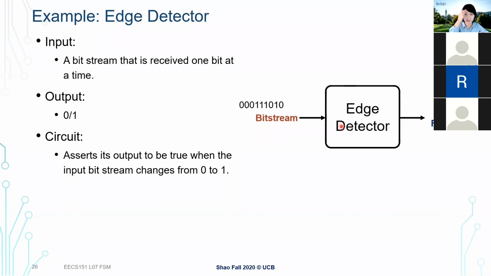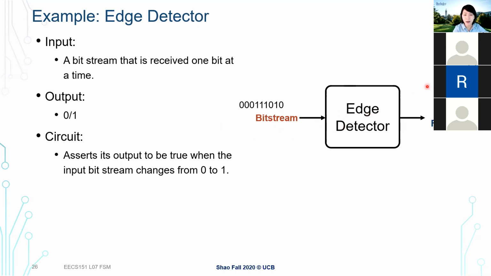We have an input bit stream, a digital input, so either 0 or 1. It is an edge or pattern detector in the sense that we are looking for a particular pattern, a 0 to 1 transition. That's why we call it an edge.